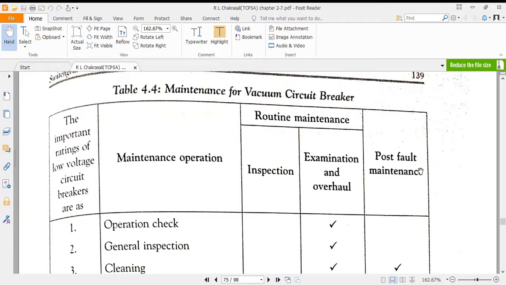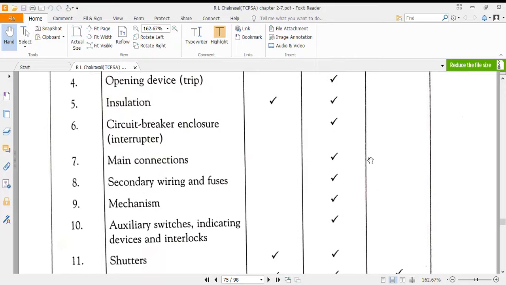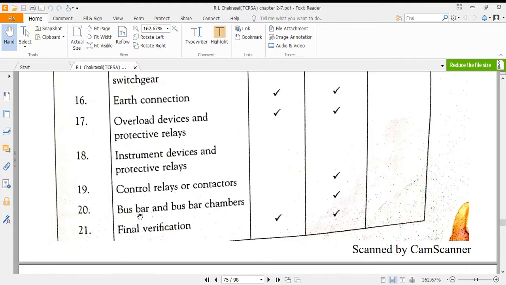Just now we saw SF6 circuit breaker maintenance. Now let us see the vacuum circuit breaker. Vacuum means there is nothing in the circuit breaker. Vacuum is the arc quenching media, no air. The operations are same.